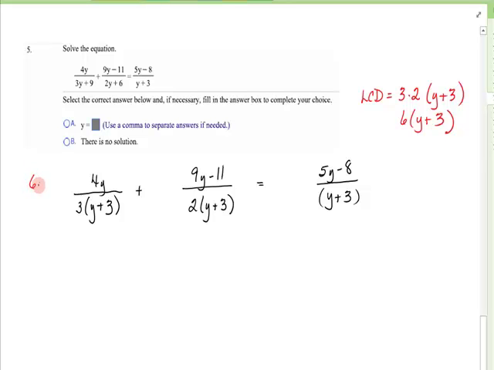I multiply each term by 6 times y plus 3. And you can see it was just a little bit of laziness on my part that I didn't want to rewrite that. That's why I left space on the left side of each one of the terms.